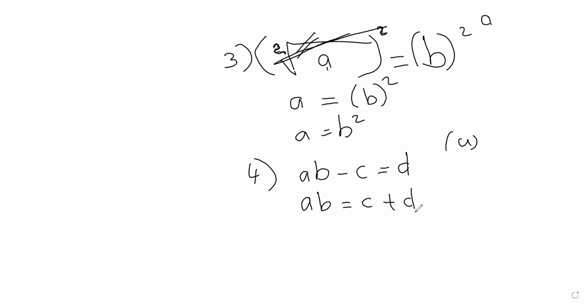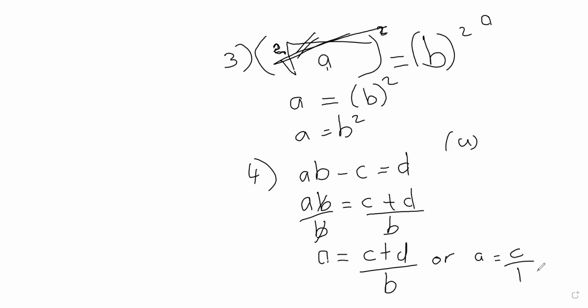So to get A, you divide both sides by B, so that this B will be cancelled, and you have the equation being A is equal to C plus D, over B. Or you can also write it as A is equal to C over B plus D over B, one and the same thing.